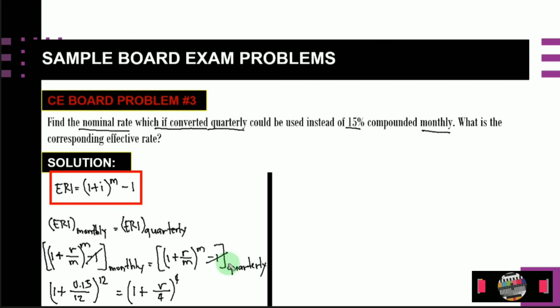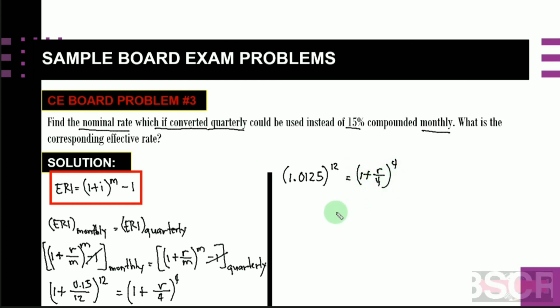So if we are going to simplify this one, 0.15 divided by 12 gives 1.0125, and this is raised to the 12. And the other one is equal to 1 plus this R over 4, and this is raised to the 4.